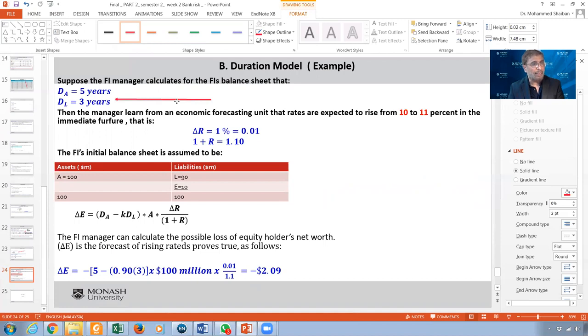Now I can calculate the change if the interest rate increases by 1%. Then I can use this formula, which I showed you before.